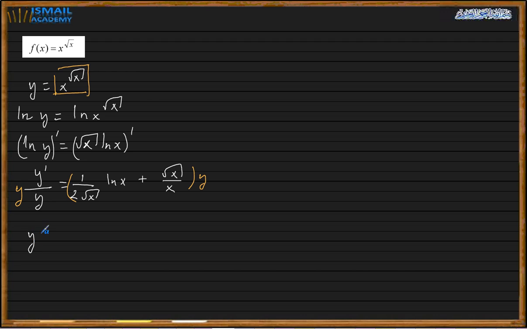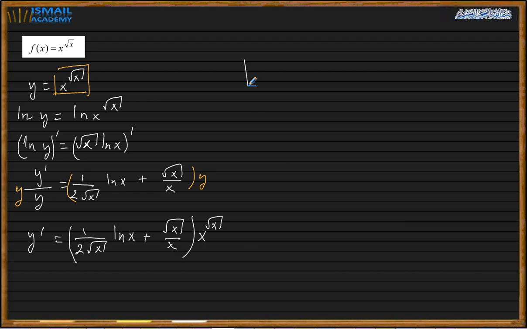So we end up having y prime equal to 1 over 2 square root of x ln of x plus square root of x over x, times, and I substitute y by its expression, x to the square root of x. So this is one way.